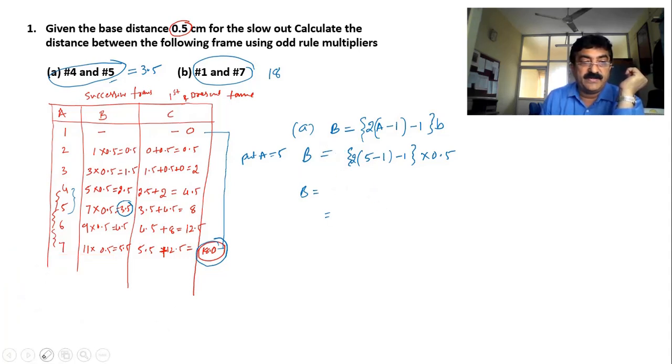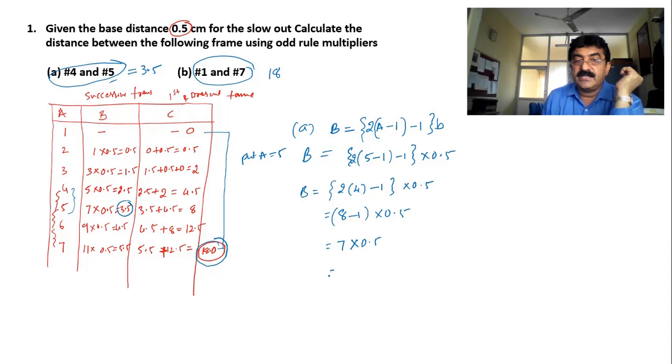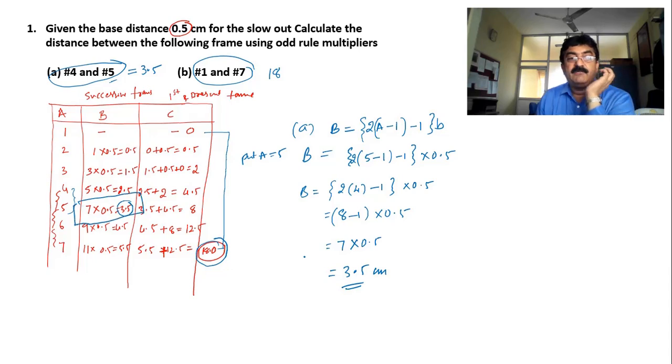Okay, now simplify. B is equal to (2 into 5 minus 1) into 0.5, that is (10 minus 1) into 0.5, that is 9 into 0.5. Wait, correcting myself: 2 into 4 is 8... no, B equals 7 into 0.5, so that is 3.5 centimeter. This is what I have in the table also. So look at this answer, correct? Well, that's all.